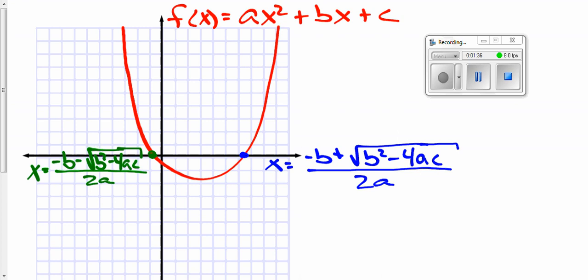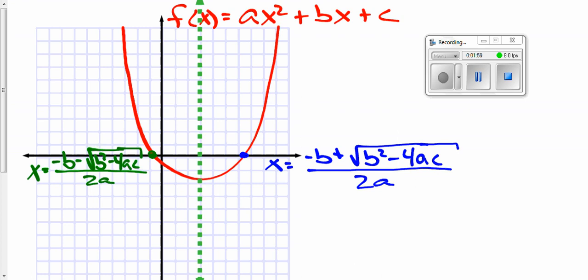If you had a line of symmetry to draw on this parabola, where would it go? Would it be a vertical line or a horizontal line? Vertical line, and where would it cross on the parabola? Middle. What do we call the middle on a parabola? The vertex, right. So I got a line of symmetry going right there.